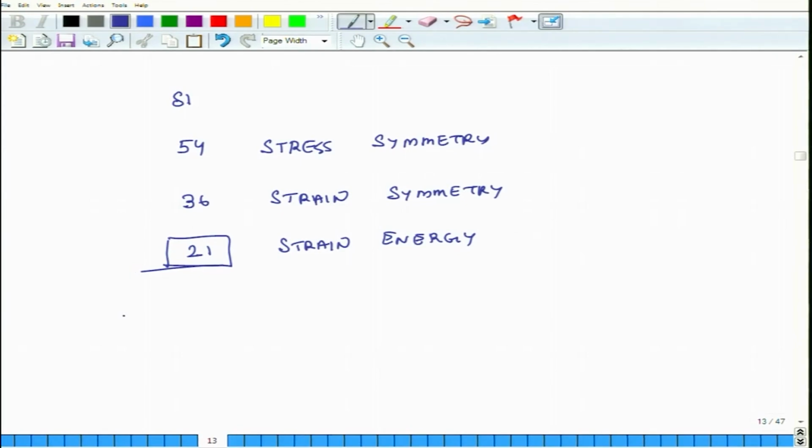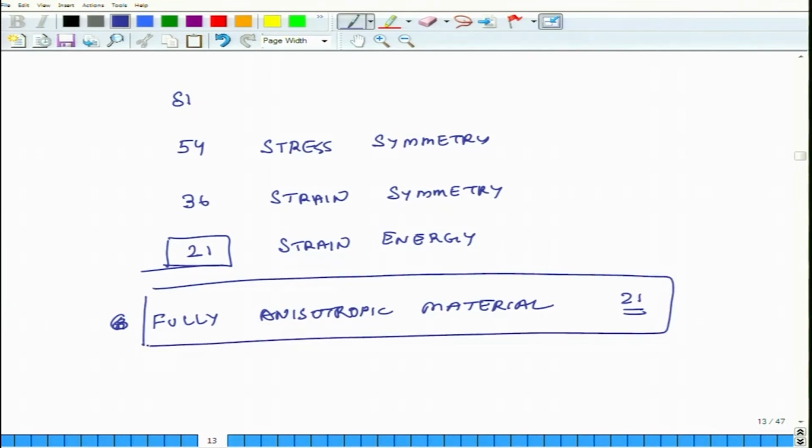So, for fully anisotropic material, we can say that we need 21 independent material properties.